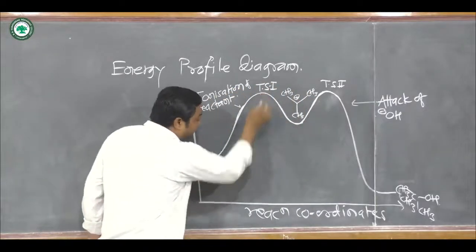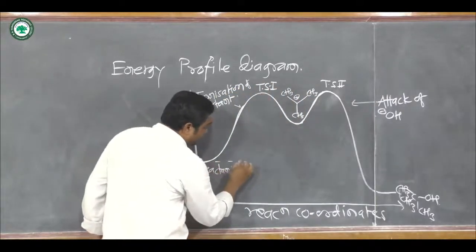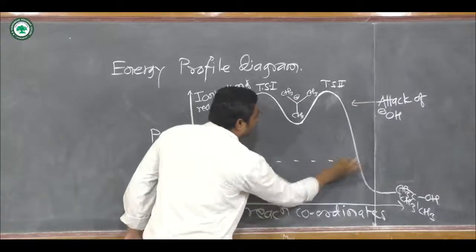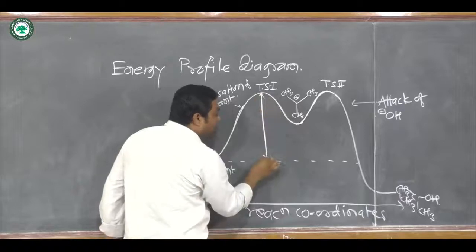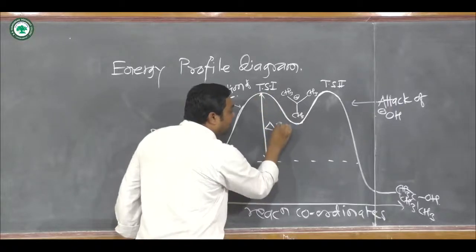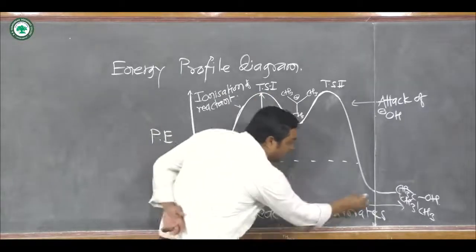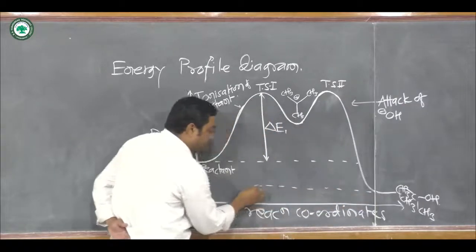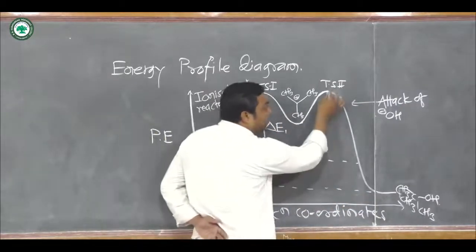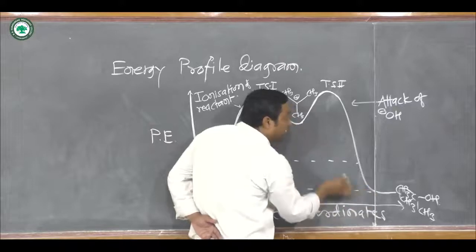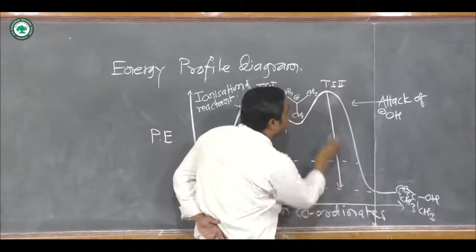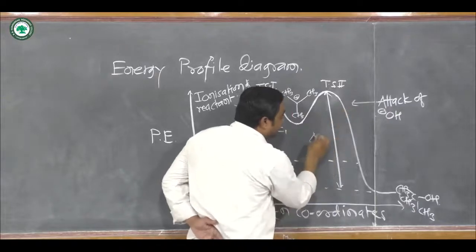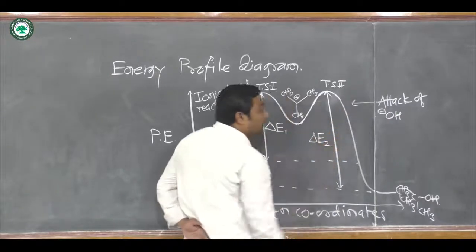This is nothing but the energy of activation 1, that is delta E1, whereas the energy gap between transition state 2 and the energy of product is the energy of activation 2.